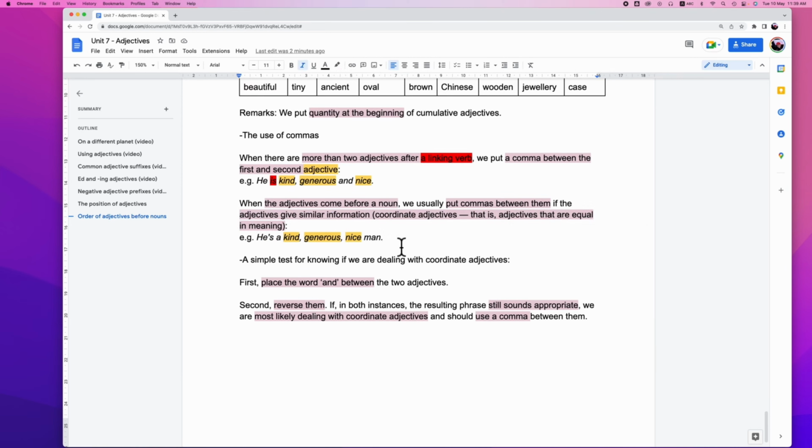Now, a simple test for knowing if we are dealing with coordinate adjectives. Sometimes it is really hard to tell whether we are dealing with coordinate adjectives. This is a simple test that helps us to identify coordinate adjectives before a noun.